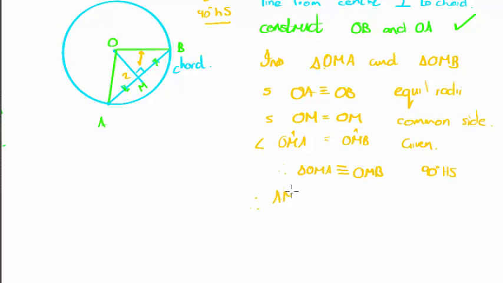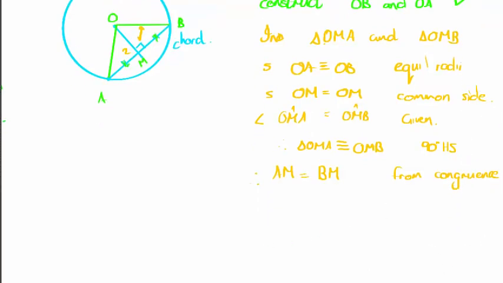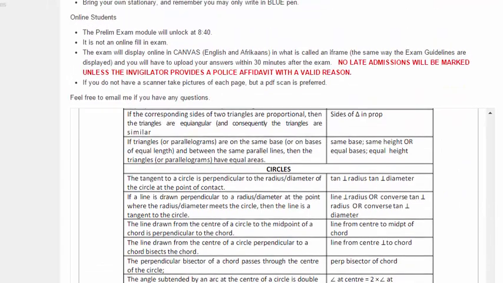Therefore, AM is equal to BM, and then your reason is from congruence. Okay. There we've proven our first theorem.